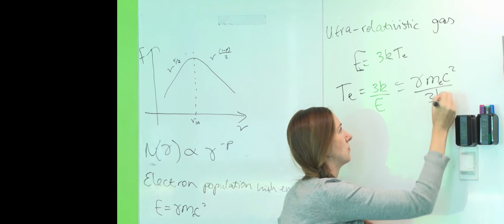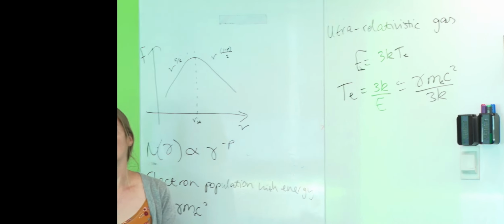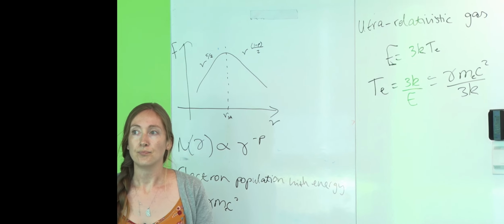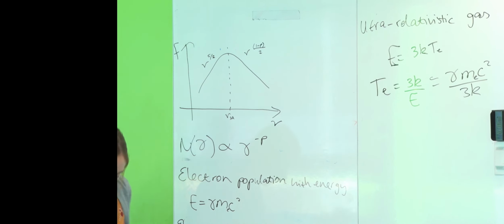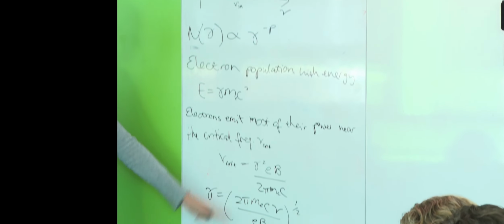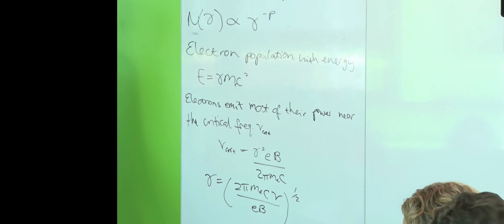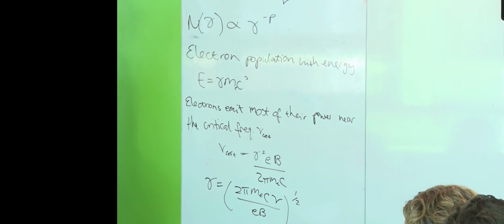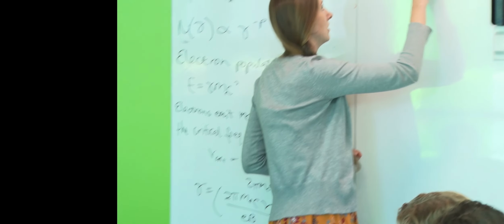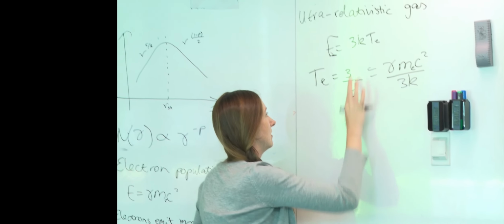So we have an effective temperature of the relativistic electrons, and we can then sub in the Lorentz factor for the electrons emitting at the critical frequency. Intermediate equations. It's 3E over k probably. Sorry, no. Yeah, this one. You are correct.